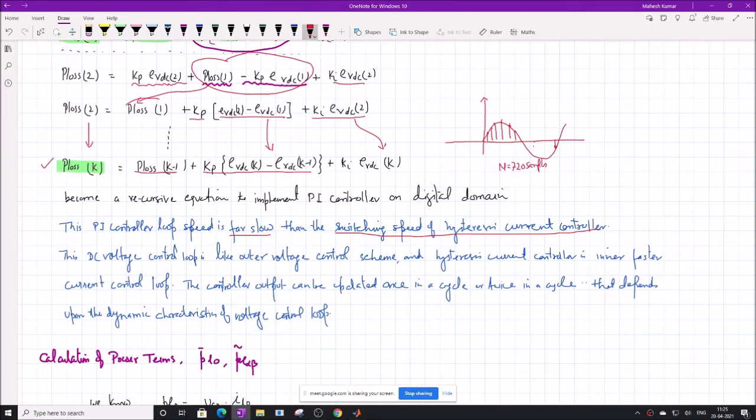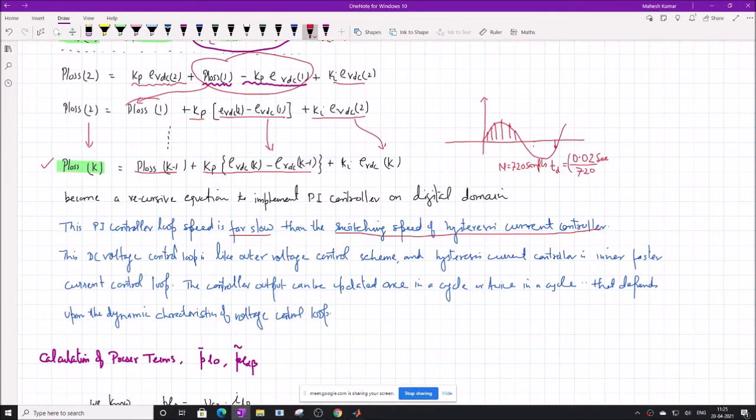What is the distance between two samples in the time domain? It is 0.02 seconds for one cycle divided by 720. This is the switching speed, you can say TD. So the hysteresis current control loop checks the current at this speed of 0.02 divided by 720.